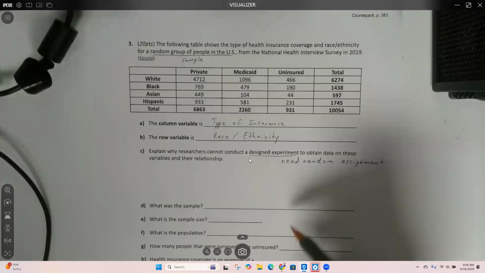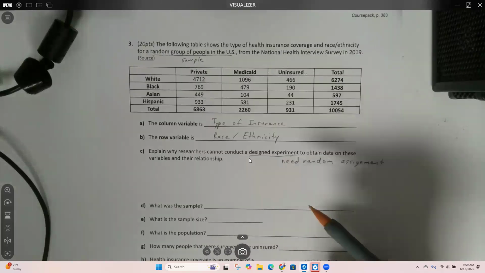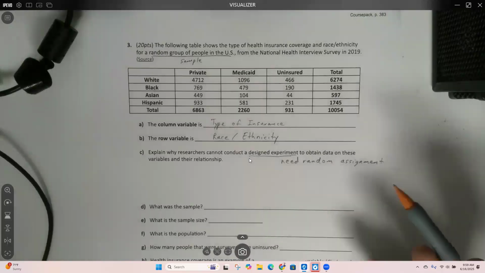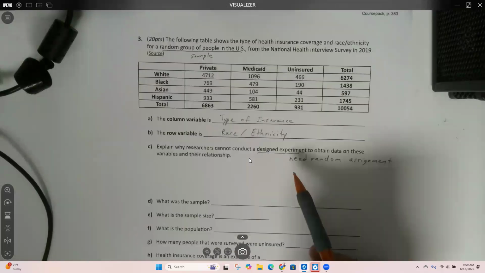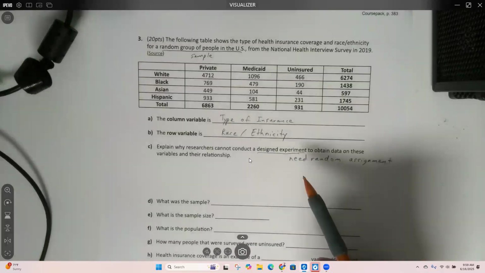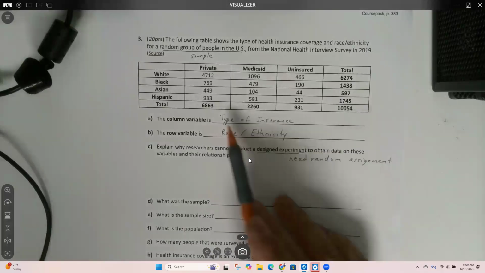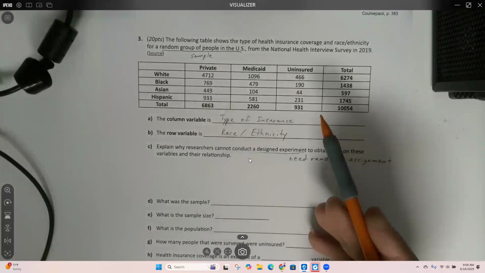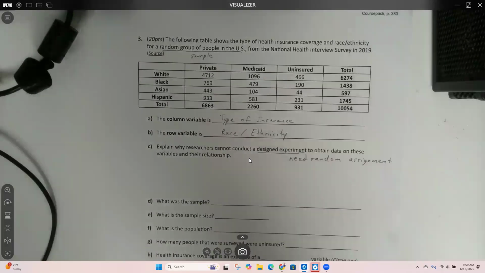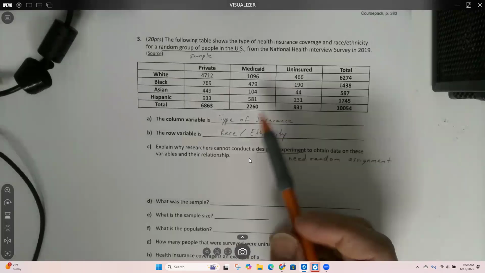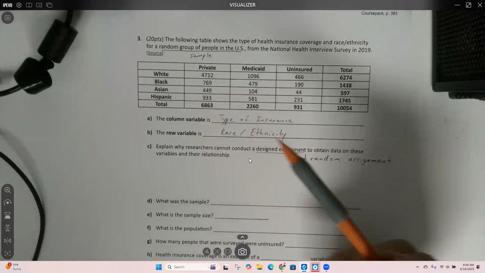Well, you can't take each person and randomly assign them a race. Each person already has a race. You also can't really randomly assign someone the type of insurance that they're eligible for. You can't just say, okay, you've been selected for this study, you're going to have Medicaid. Everyone who comes into the study already has insurance, and you have to meet certain qualifications in order to be part of Medicaid and so on.